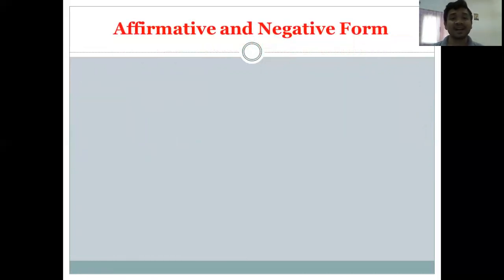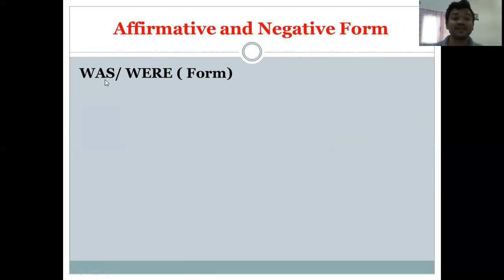Now, affirmative and negative form, okay? So we have another structure, the affirmative or positive and negative form, but this time we have to use the be verbs was and were. Again, affirmative and negative form using the be verbs was and were.